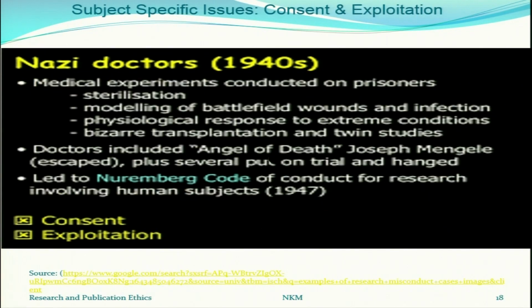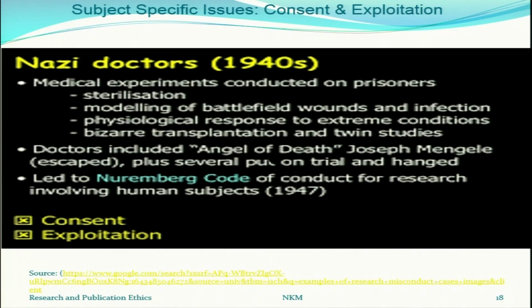In the next case, which occurred in the 1940s, with the Nazi doctors, medical experiments were conducted on prisoners. We have discussed that prisoners are a really vulnerable class. It's a case of sterilizations, modeling of battlefield wounds and infection, physiological response to extreme conditions, bizarre transplantations and twin studies.